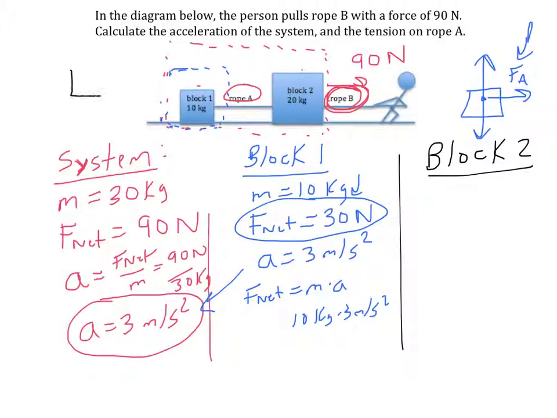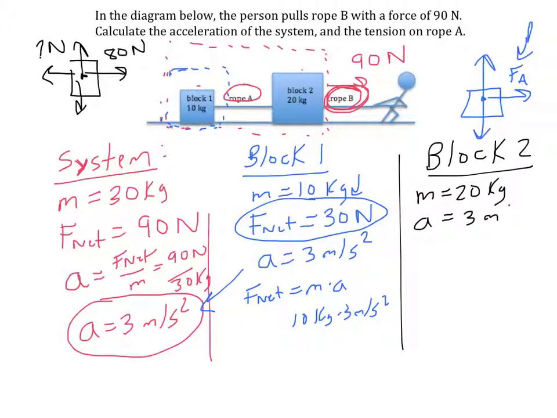It has the weight and the normal force, which cancel, but it has the force you're pulling with, and it has this force back from the rope, which we're going to pretend we do not know right now. Block 2 has a mass of 20 kilograms and an acceleration of 3 meters per second squared. So its net force, m times a, is 60 newtons.